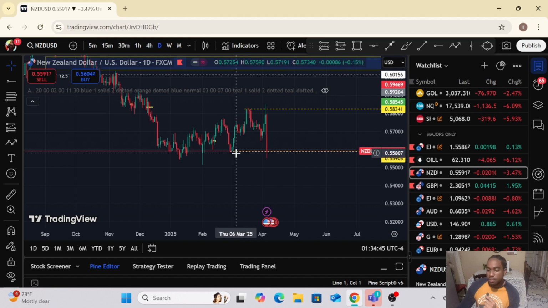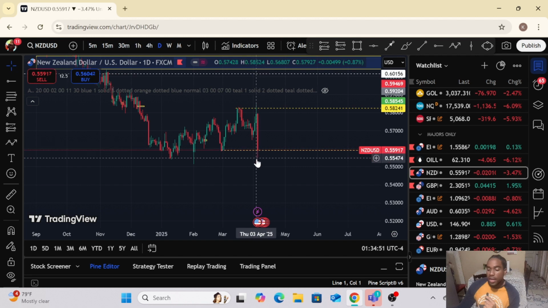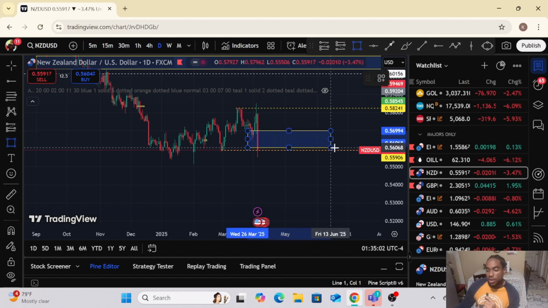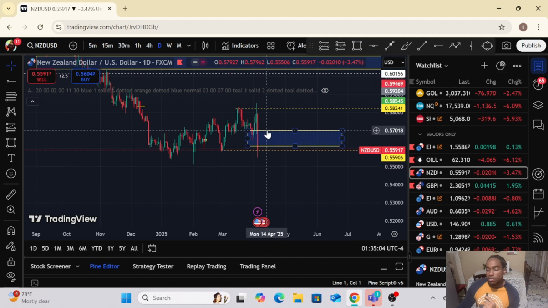I would love to see price break further and close below this low before looking for any retracement or opportunity inside of this zone right here. Let me just mark it off. Inside of this zone for a sell or continuation to the downside.